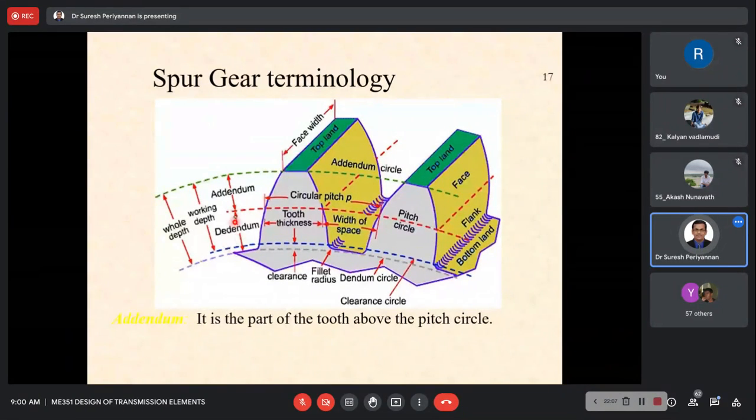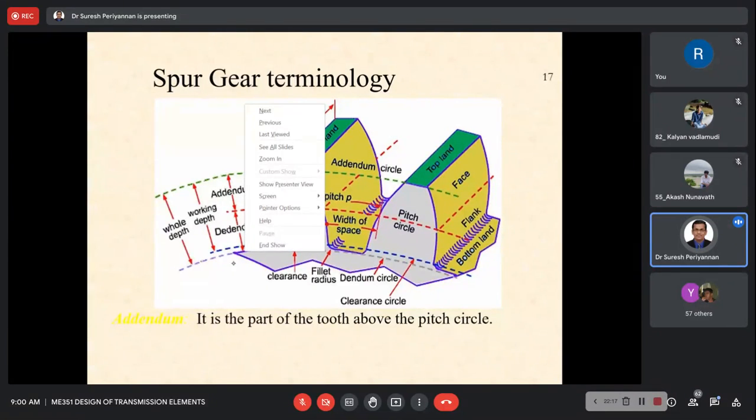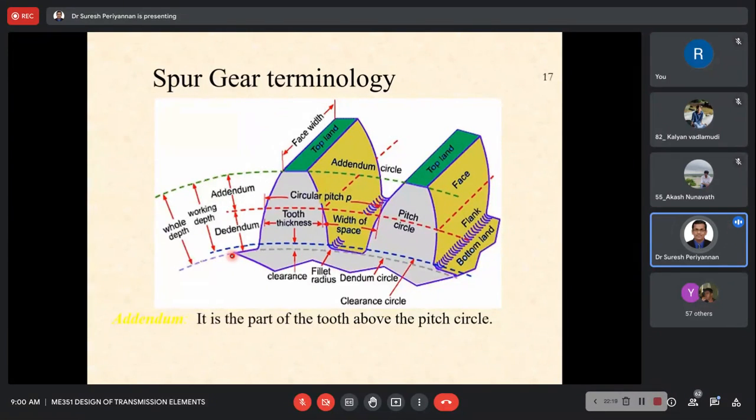Now, dedendum: this is from the pitch circle to the dedendum circle, the distance below the pitch circle. That distance is the dedendum.